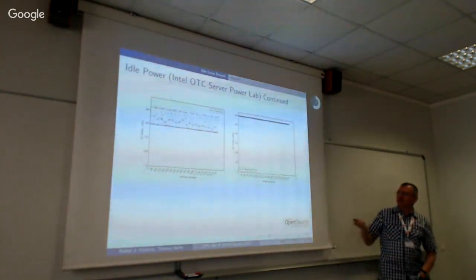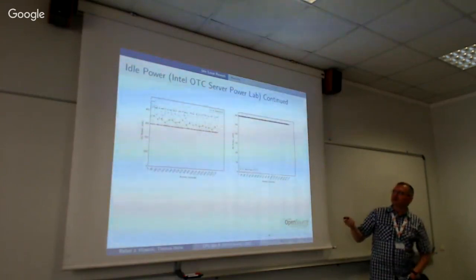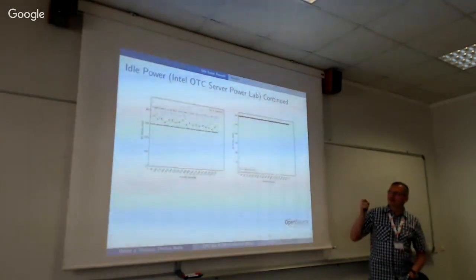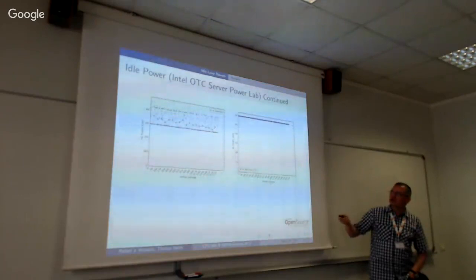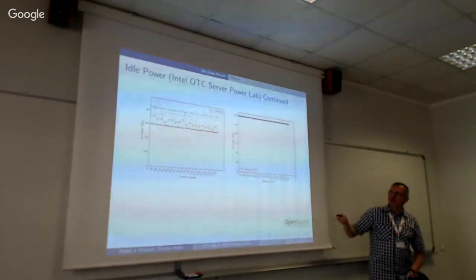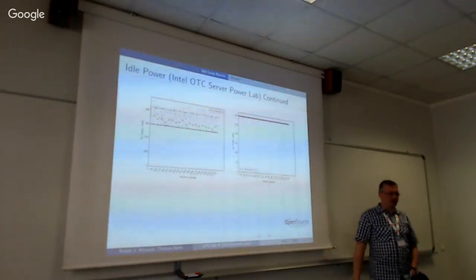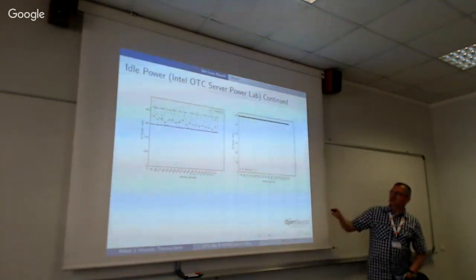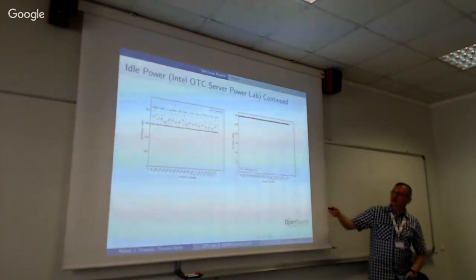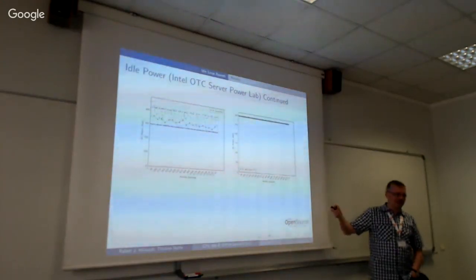This is the Broadwell system I was talking about before, and each of the dots in this graph is an individual measurement. So you can see that not only is the average a bit jumpy, but there's a lot of noise.